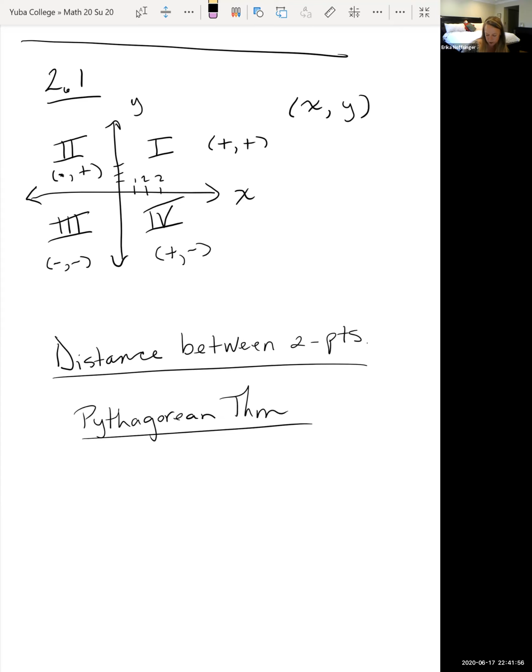Basically that says if you have a right triangle, the sides of the triangle that are not the hypotenuse are called your legs. So A and B are sides, our hypotenuse, let's call it C. This says that if you sum the square of each leg, this is equal to the square of the hypotenuse.